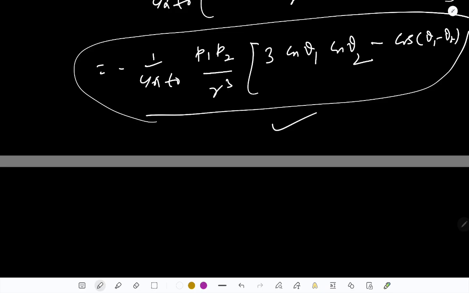This may be a formula as well. If you want to remember such a long formula, that's your problem, not mine.